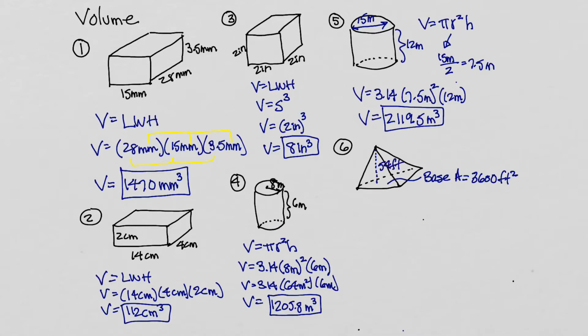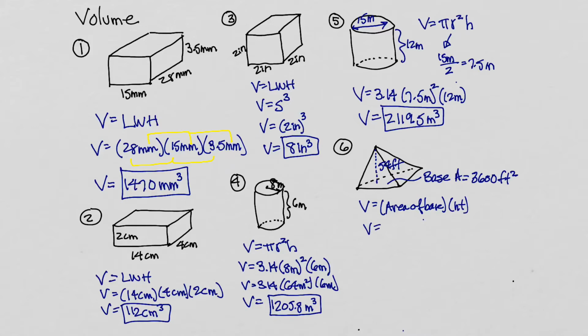Now, maybe you remember what we talked about back over here in number 4 with a cylinder. This is a regular solid, and it's typical in a regular solid, you get the volume by taking the area of the base, circle in this case, times the height. Now, look what we have over here. We have a pyramid. That's a regular solid in this case. So we have the area of the base times the height. So this volume is going to be the area of the base times the height.